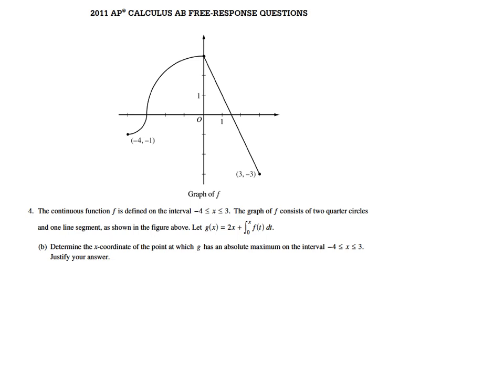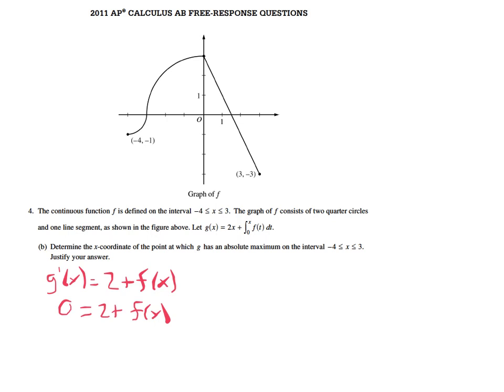So in the last part, part A, we said that g prime of x was equal to 2 plus f of x. And then to find the critical numbers, we take that derivative, set it equal to 0. 0 is equal to 2 plus f of x.